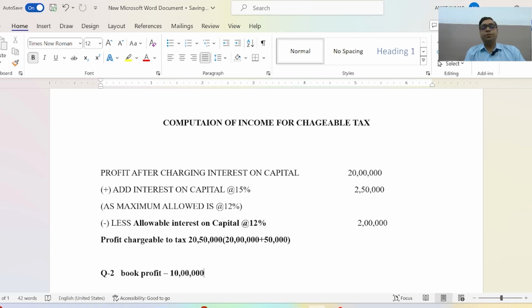Payment of salary to all working partners is equal to 7 lakh 50,000.